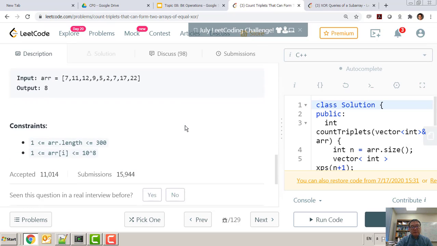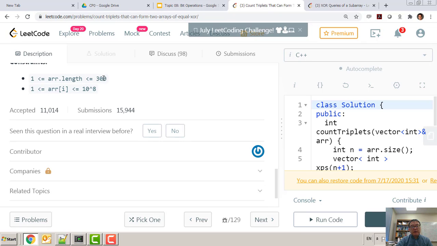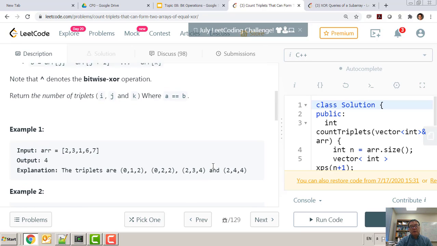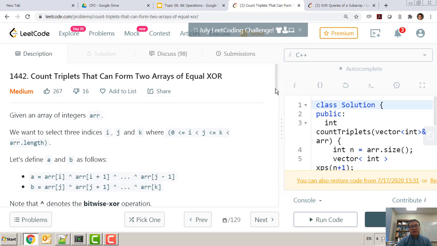Let's look at the parameter size. The array length is less than 300. So that means quadratic is very comfortable. In fact, probably cubic would be fine given the time limit, but we want to use as efficient an algorithm as we can. So we will do quadratic if we can avoid the cubic.